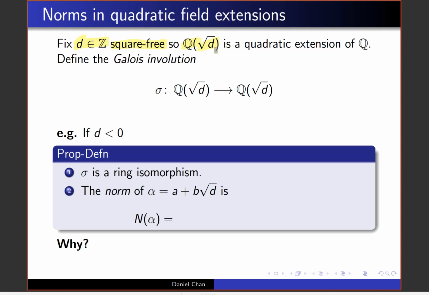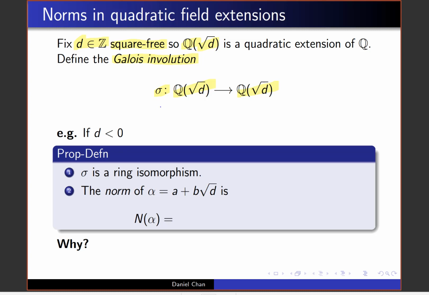Okay, so what's important here is the notion of the Galois involution. It's going to be a map from Q(root d) to Q(root d). I've called it sigma here, and it's defined easily enough as follows. Remember, firstly, this quadratic extension, what does it look like?